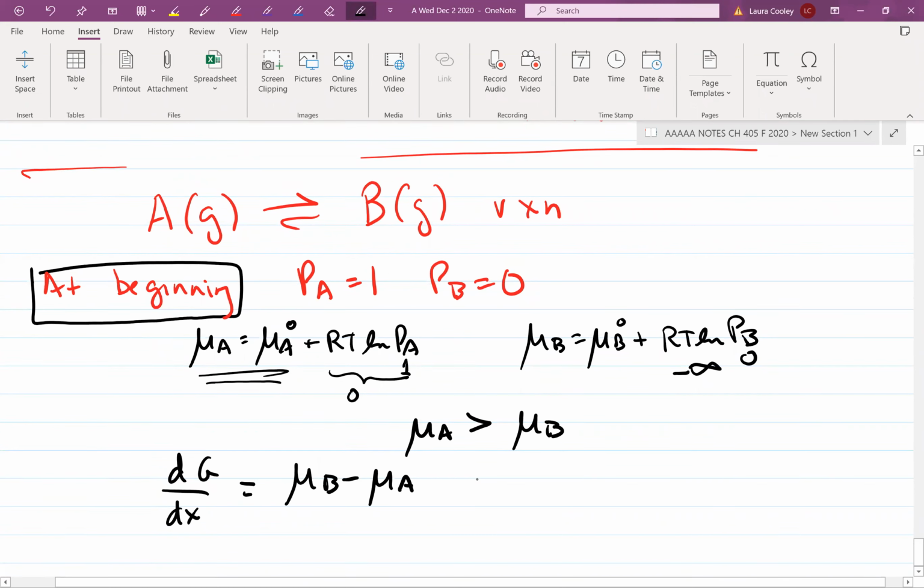This mu B minus mu A is negative. So the reaction goes forward to decrease G.